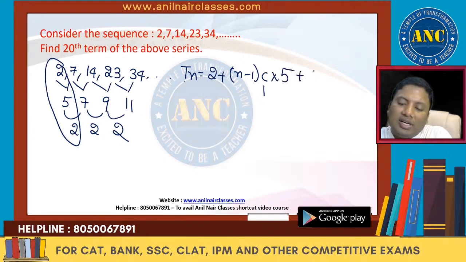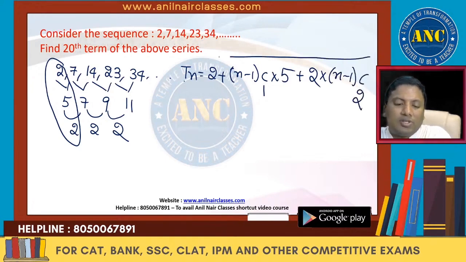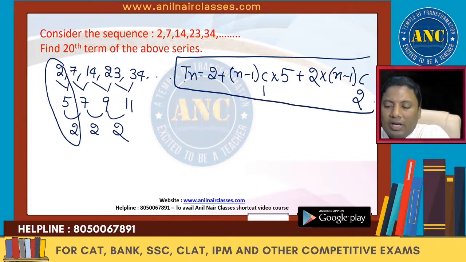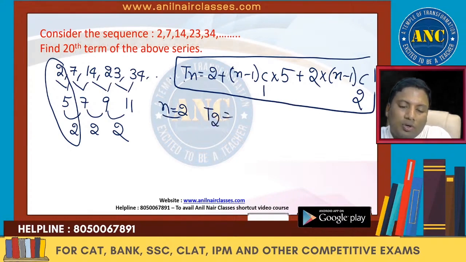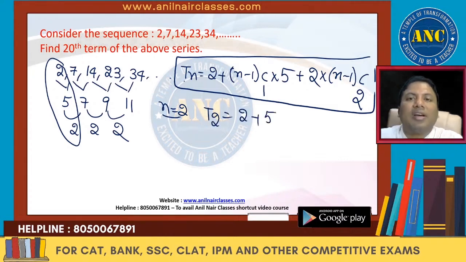The difference is constant in the second step, so 2 into (n minus 1) C2. You can cross check by taking an example. Let me take n equal to 2. So T2 equals 2 plus (2 minus 1), 1 C1, which is 1, 1 into 5, 5, plus 2 into (2 minus 1) C2.